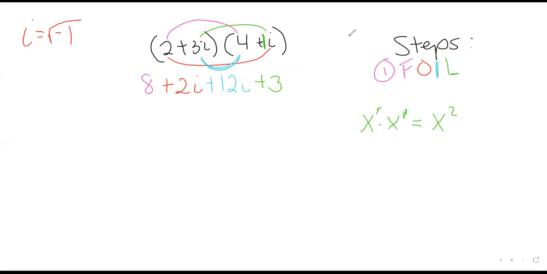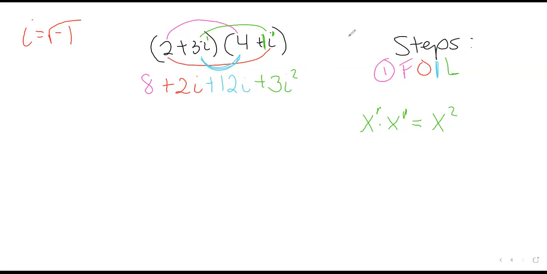But the exponents are always 1 if there's nothing there. So this is really an i to the 1, and this is an i to the 1. So what do I get? 3i times 3i would be 3i squared. Exactly.